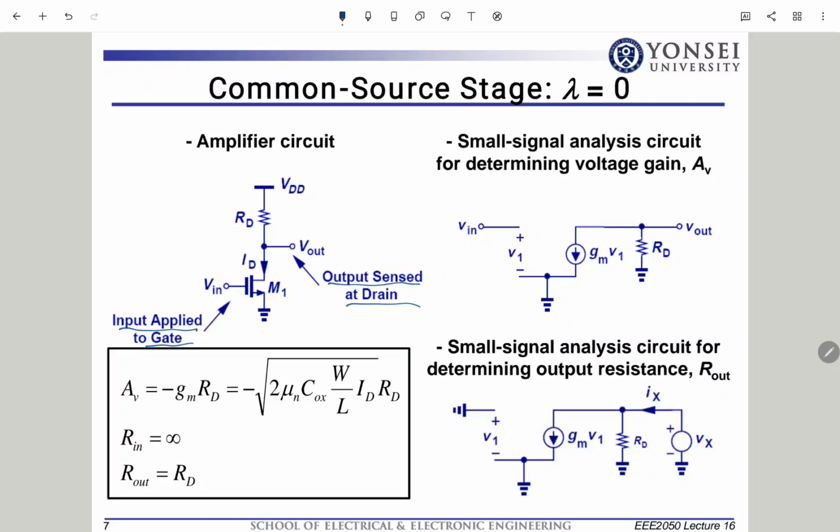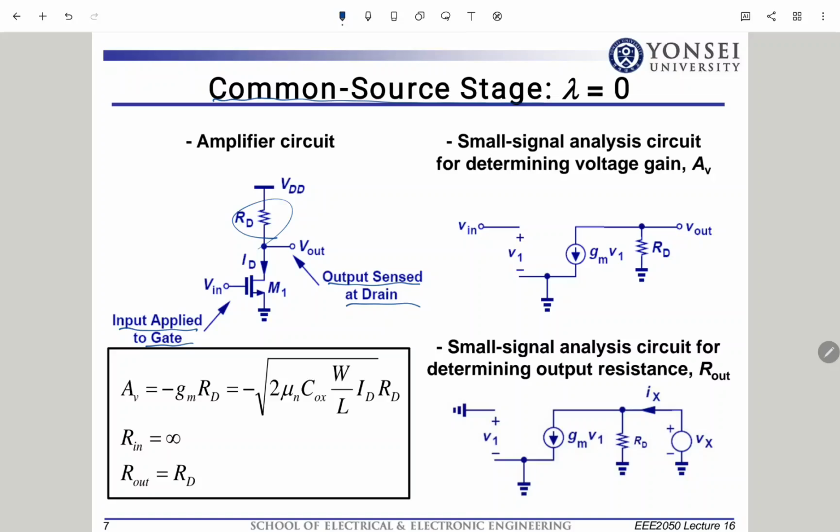So input and output are sharing what kind of node? The source side, right? Therefore, we say this is the common source stage.